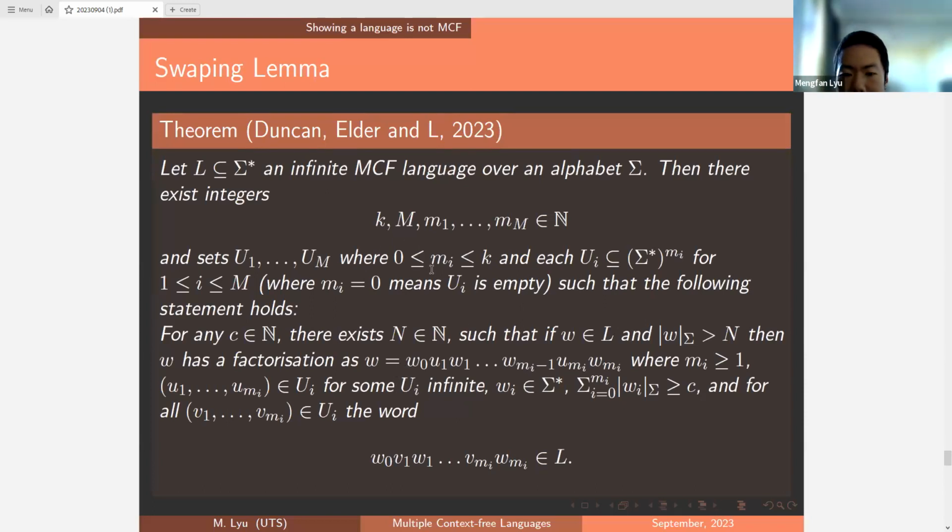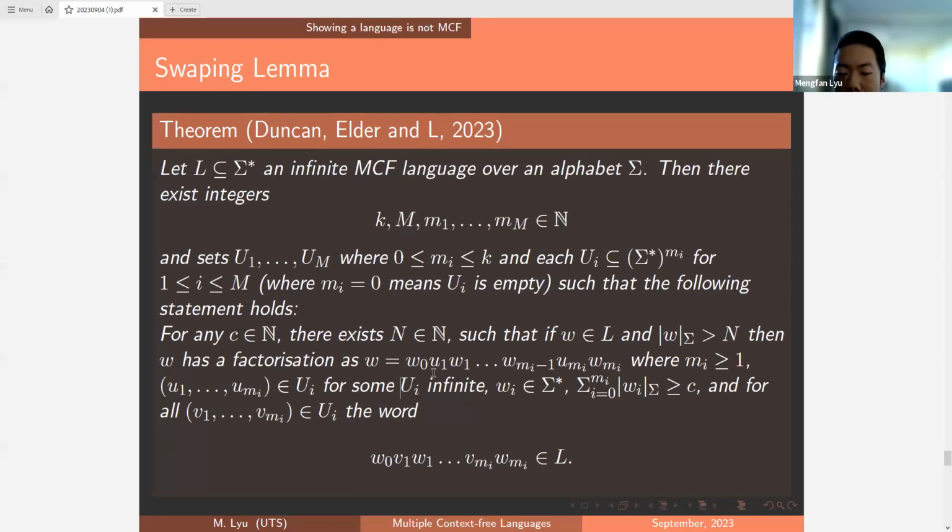So we define the big U's, which are just sets consisting of different letters.